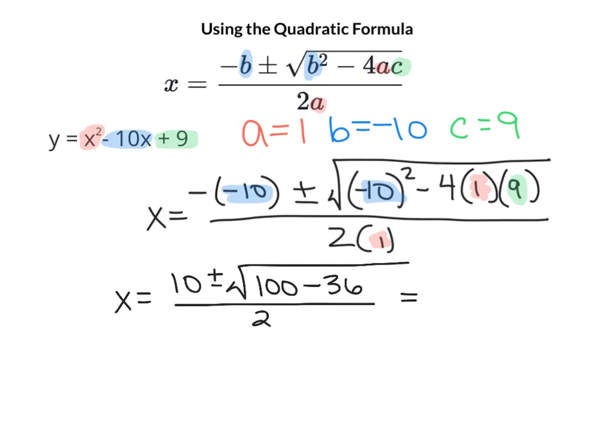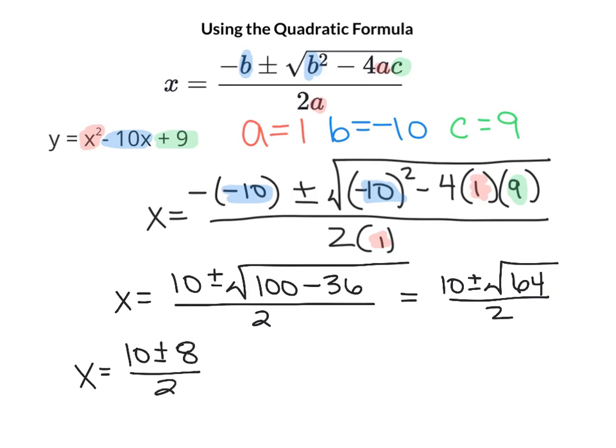Over here, I'm going to simplify this a little bit more. So I'm going to have 10 plus or minus the square root. 100 minus 36 is going to be 64, divided by 2. That means that x equals 10 plus or minus, well, the square root of 64 is going to be 8, divided by 2.